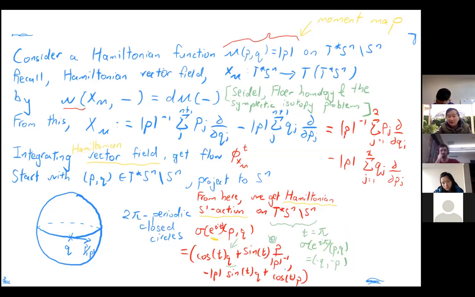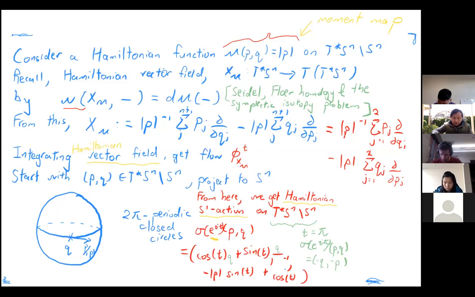Let's just do the example. I say that it is just a Dehn twist, but with a very strange looking form. Sorry, p and q should swap.